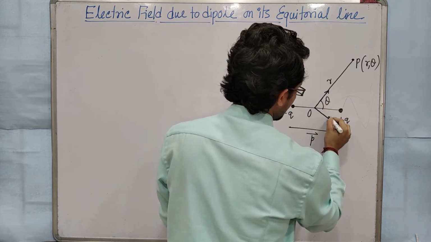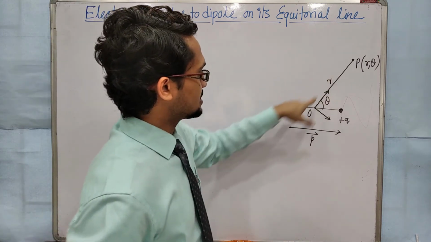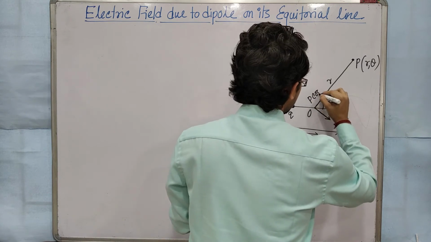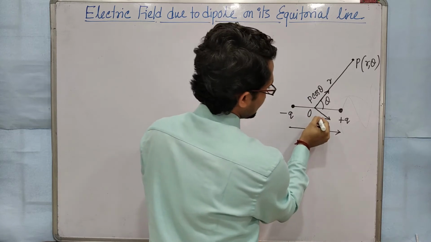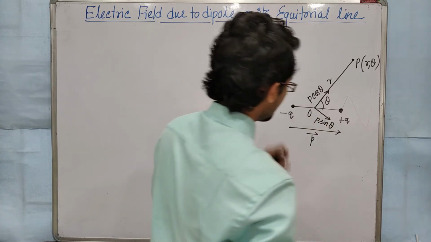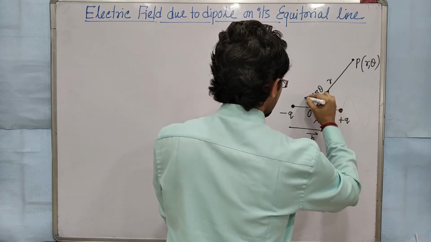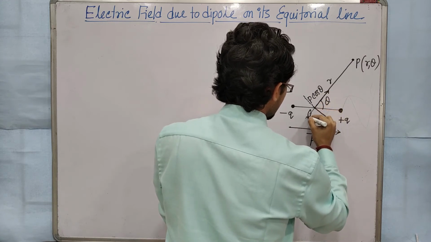Along r, the component will be P cos theta, and along the perpendicular, the component will be P sin theta. Here on this side also it is there.